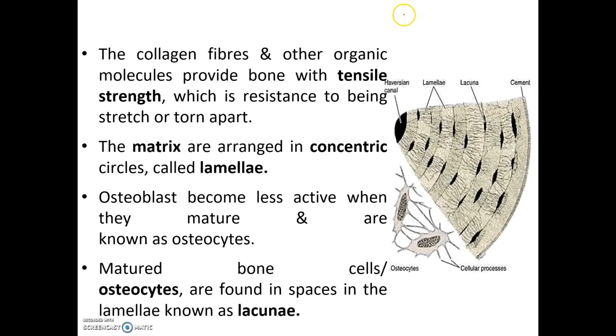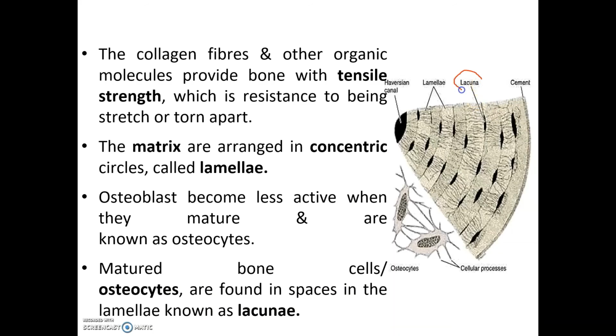Okay, so the matrix of the bone is arranged in concentric circles. Each concentric circle we call lamella. The osteoblasts, which are the bone cells, become less active when they mature and are known as osteocytes. The osteocyte can be found in the space in the lamella known as lacuna.